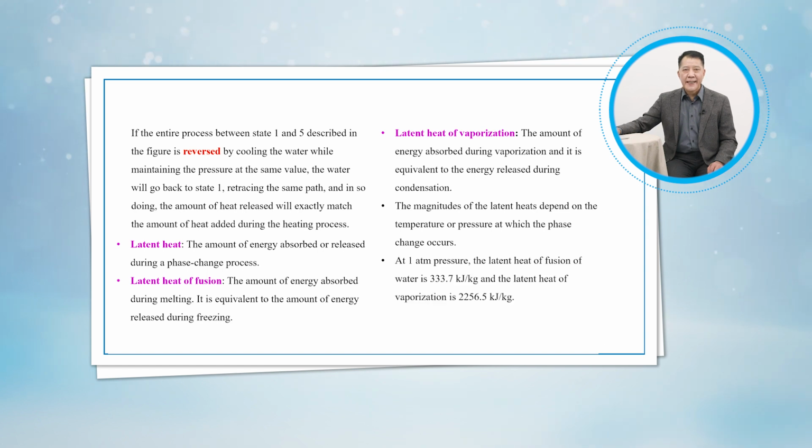At 1 atm pressure, the latent heat of fusion of water is 333.7 kilojoule per kilogram, and the latent heat of vaporization is 2256.5 kilojoule per kilogram.